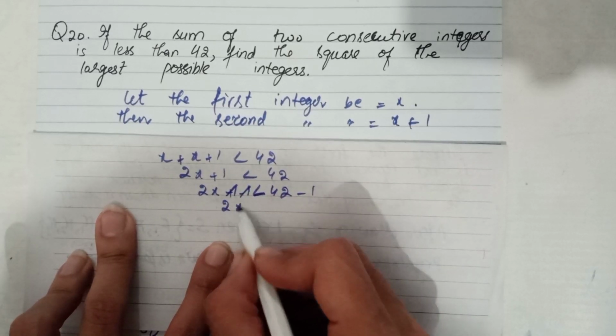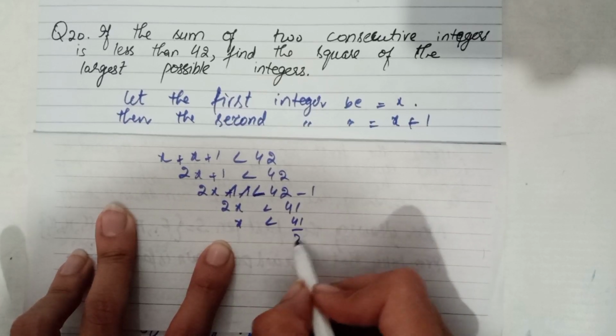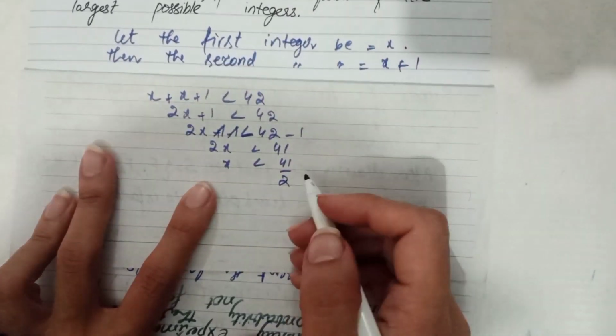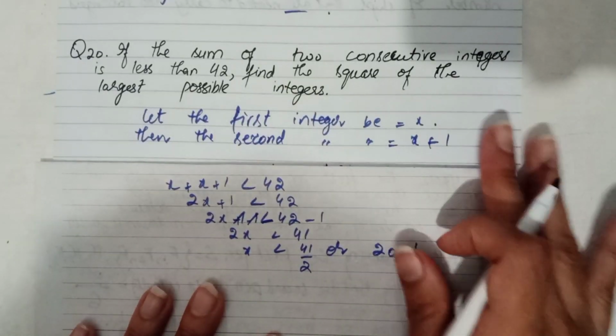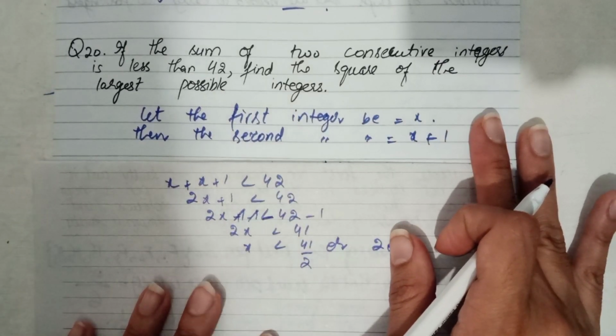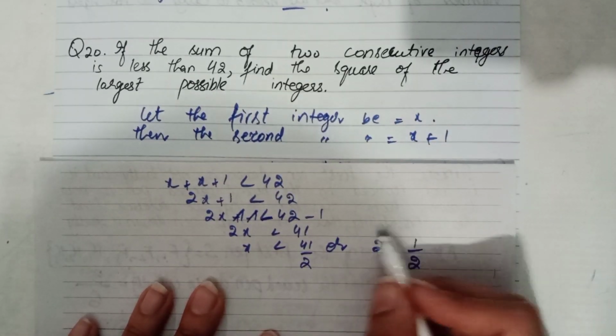This will be cancelled. 41. Now the next number will be this one. It means the value of x will be 20.